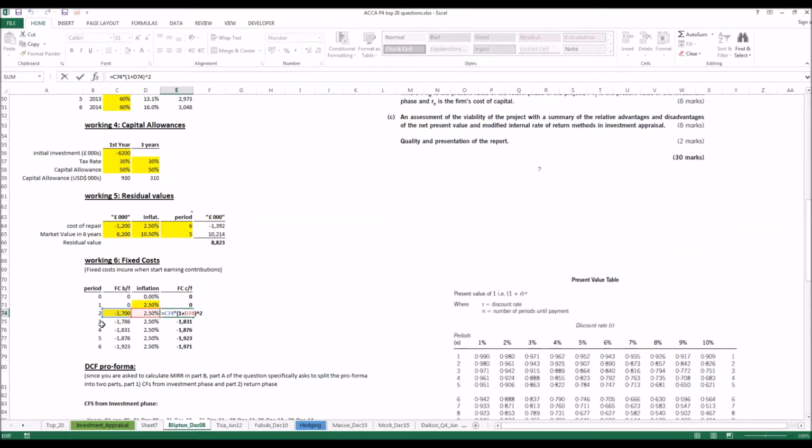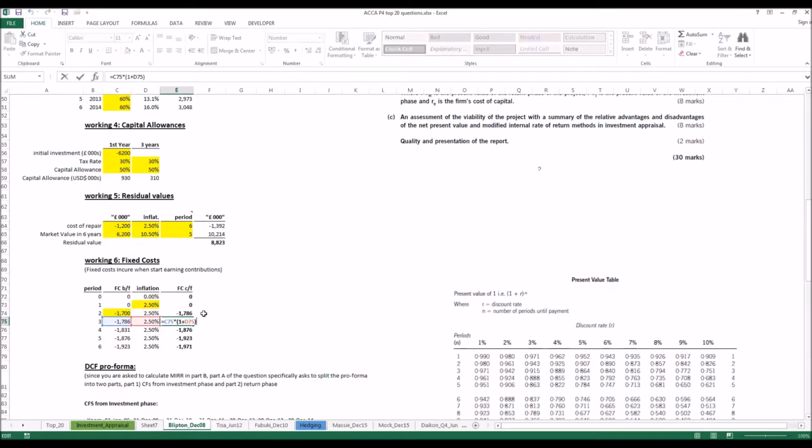So 1.7 million times 1.025 to the power of 2, because we only start paying the fixed costs in the second period. That's why we have to account for 2 years' worth of inflation.